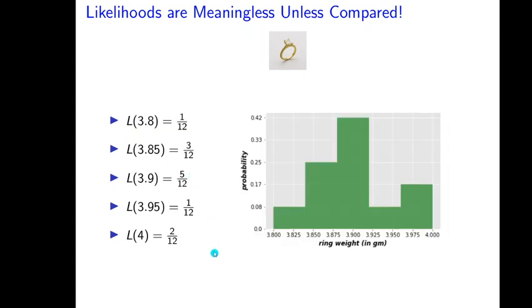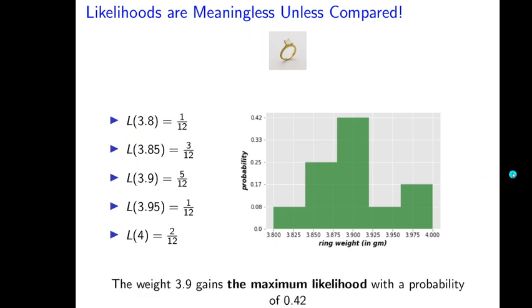And we can also visually express these different likelihoods in this nice histogram, where we express the probability of each value according to its occurrences in the estimations we have received from jewelers. And we found that the weight 3.9, which is just here, gains the maximum likelihood with 5/12, or a probability of 0.42.